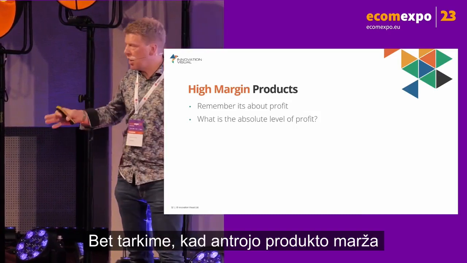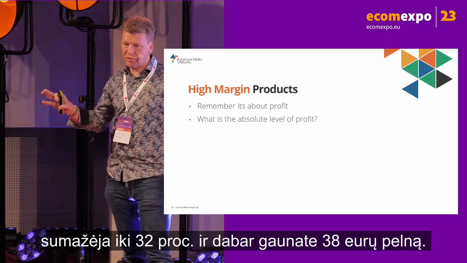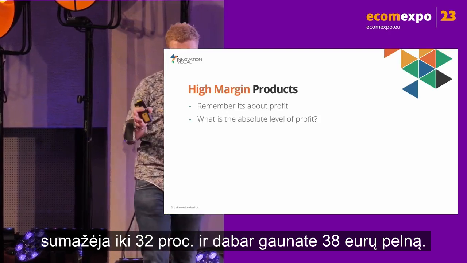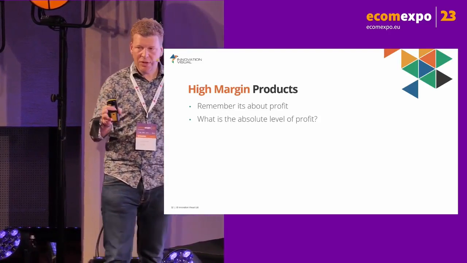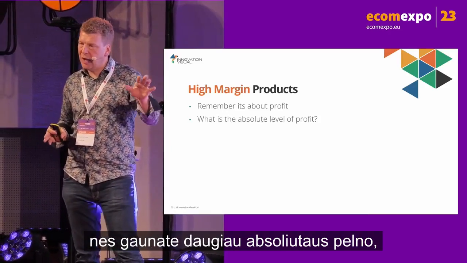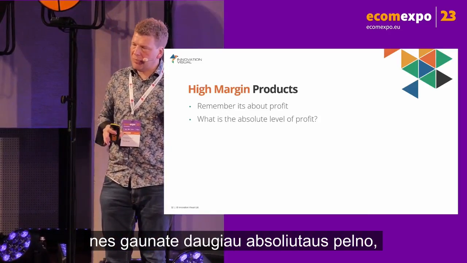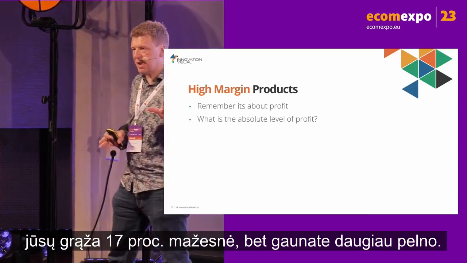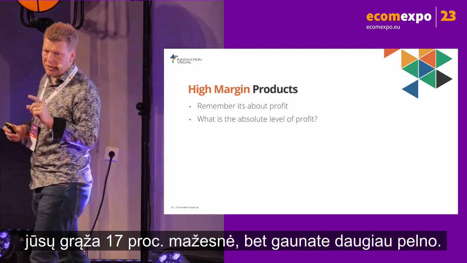But say the margin on that second product drops to 32%. Now you're making 38 euros something profit. So you actually want to sell the cheaper 100 euro coffee maker because you make more absolute profit. But you're turning over 17% less, but you are making more profit.